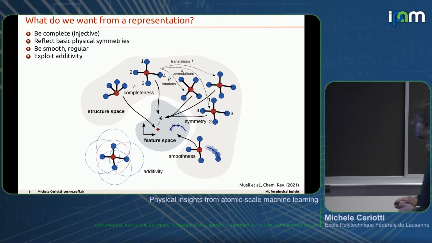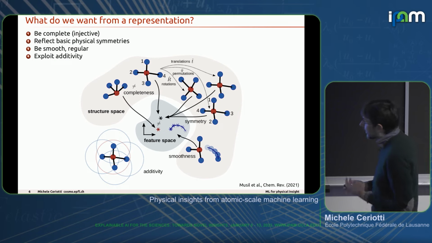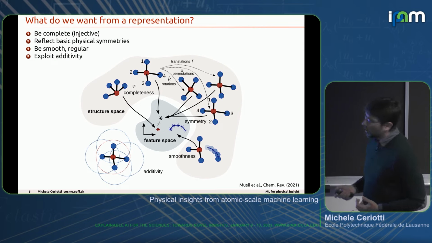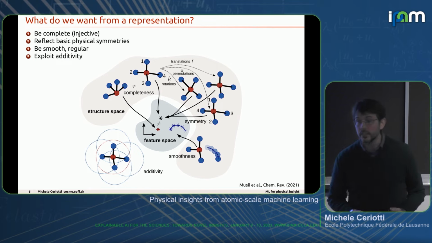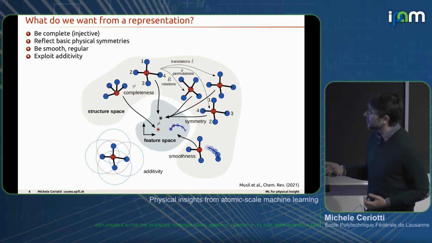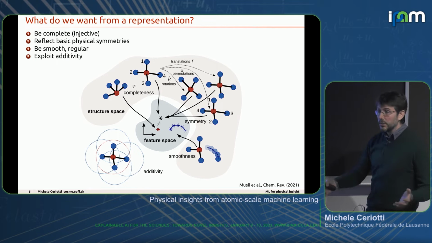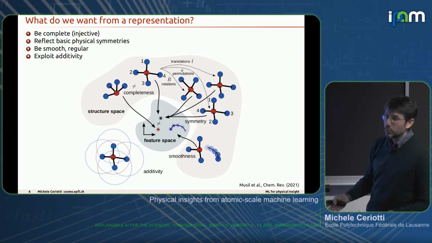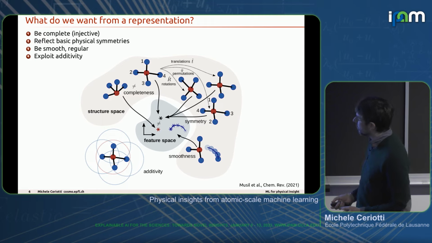So for starters, and this sounds like a very basic requirement, but it's actually tricky, we require this mapping to be complete. So we want that if two structures are different, they should be mapped to features that are different, because otherwise nothing that you do will be able then to predict the different properties.